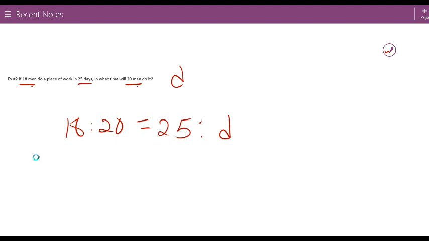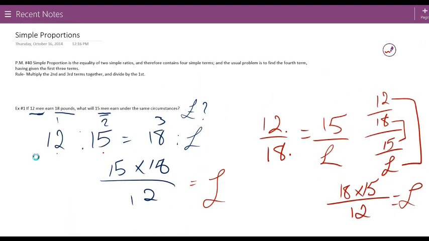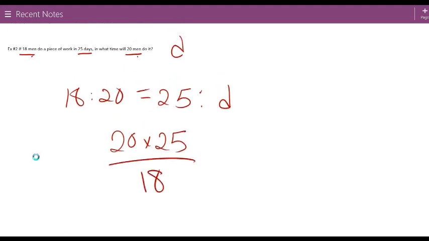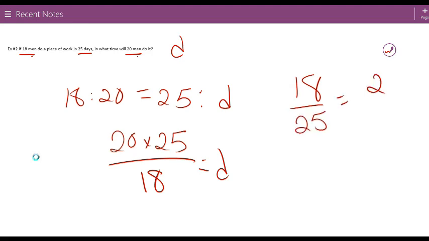Okay, so again, we're going to use our rule of 3, multiply the second and third terms and divide by the first. So we're going to take 20 times 25 and divide by 18. Now again, using that other method, and that will again give us the number of days for the second group. Using the other method from elementary treatise, we would have 18 over 25 equals 20 over that variable that we have.